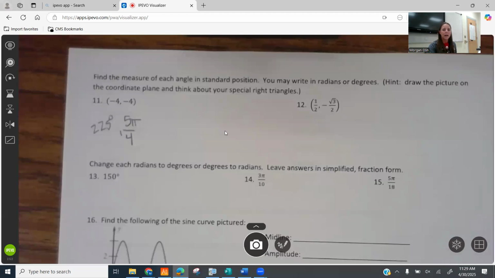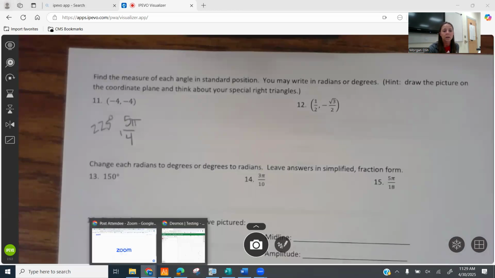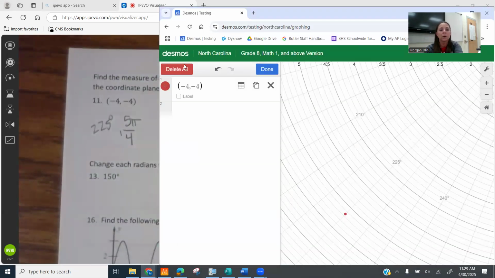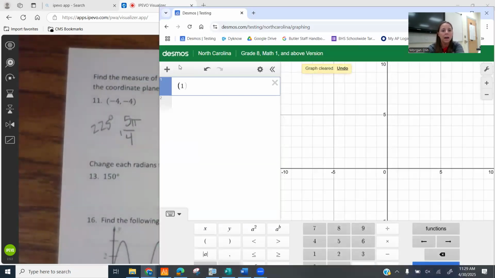Now, what about this other point? 1/2 and -square root of 3 over 2. If you know the unit circle and where this is, you can find it real quickly. But if you don't, let's go put it in. 1/2, -square root of 3, divided by 2.